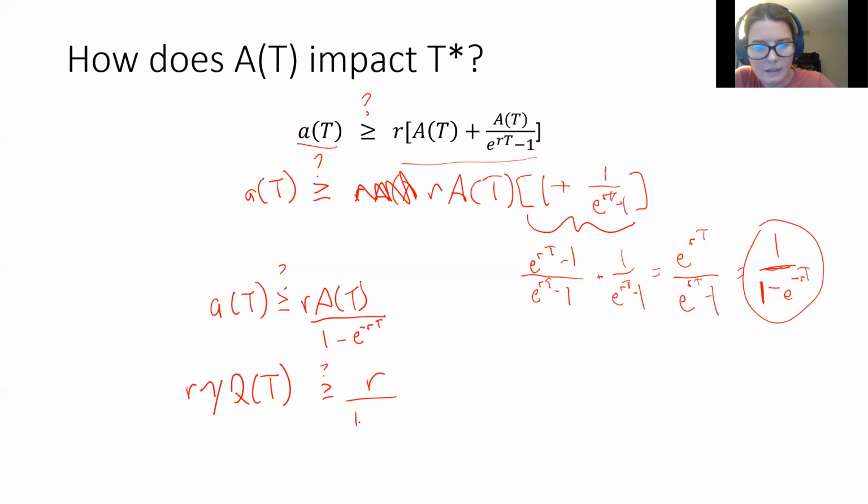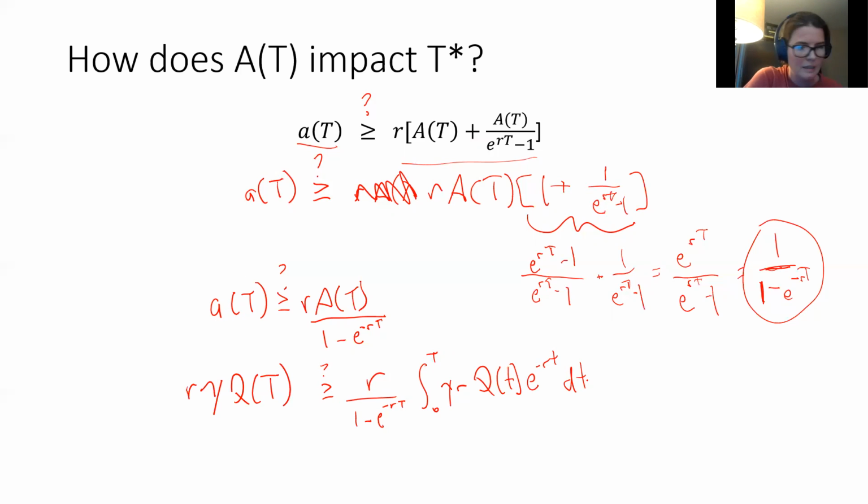And then our A(T) is that. Is that everything? And so we have an r and a gamma on each side that we can cancel out. And then this thing, we're going to, again, integrate by parts.